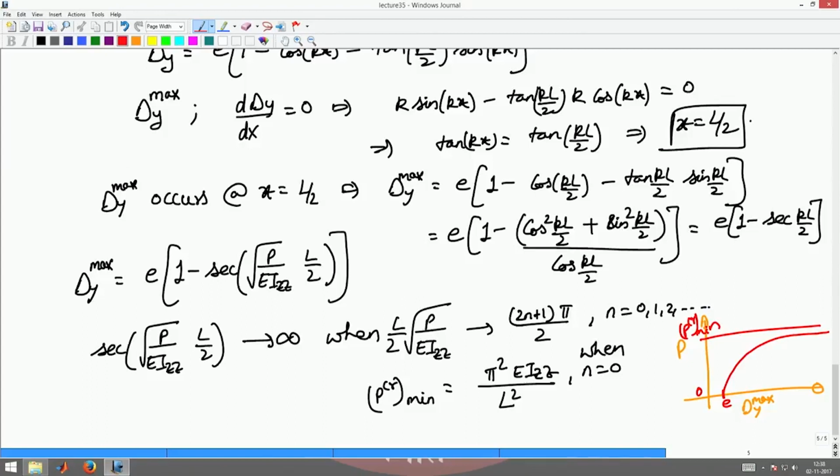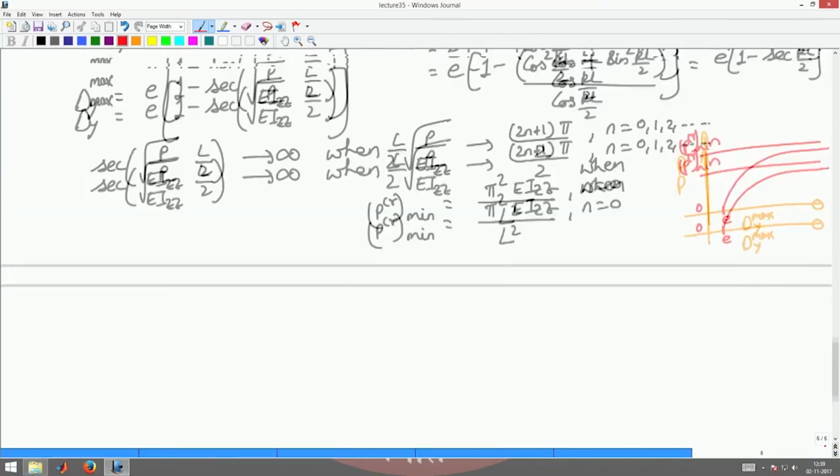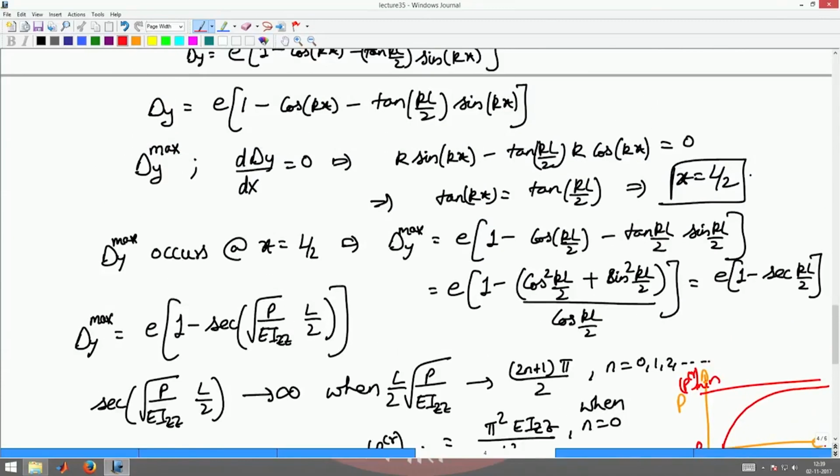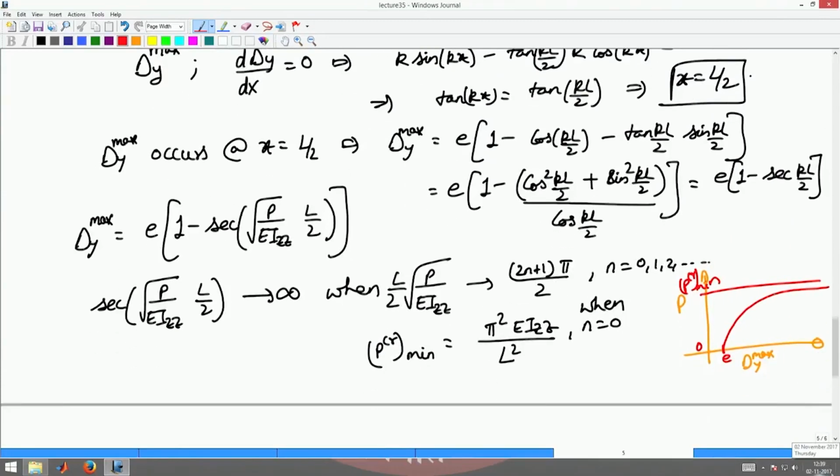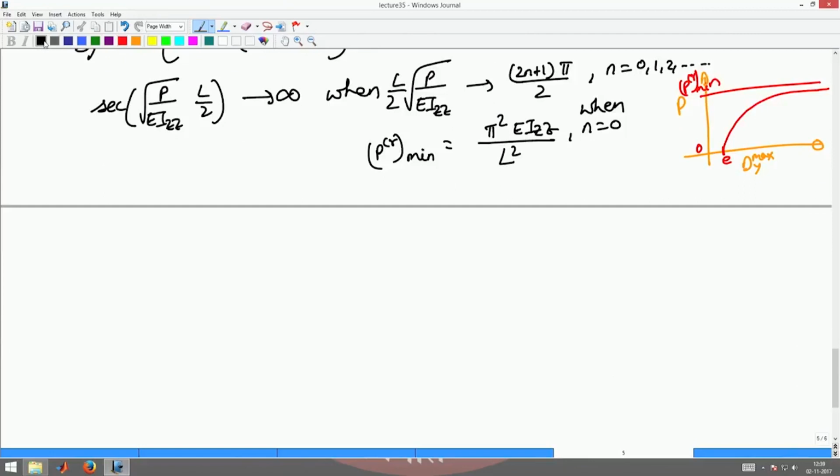Now, let us find the maximum stress that this section, or this body, can see. So we found delta y max, we found delta y, and I have to find the stress now. The stress sigma xx is due to bending plus sigma xx due to the axial force that is applied.